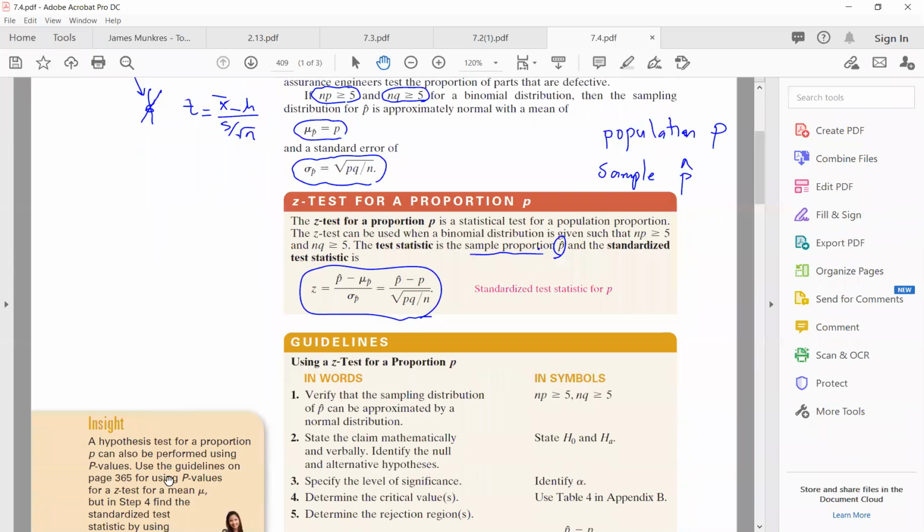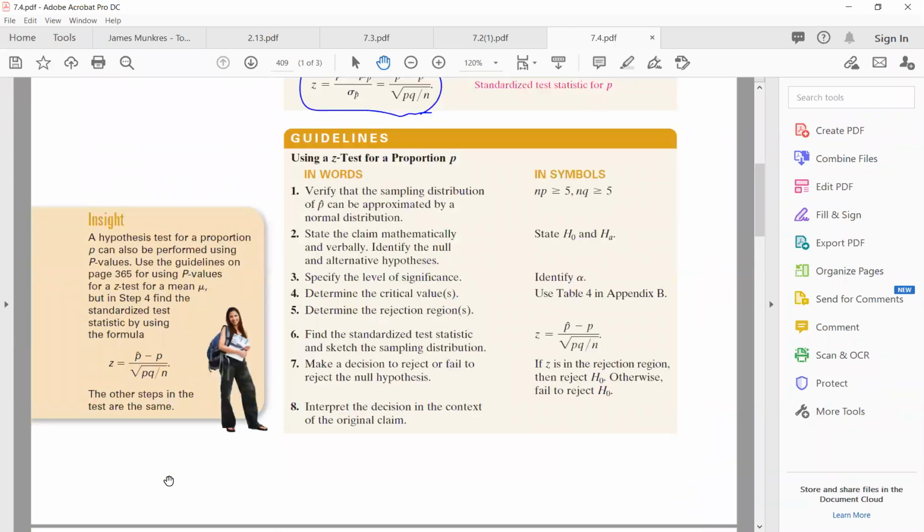Let's go over the guidelines together. When it comes to proportion, we're going to use a z-test, not a t-test. First of all, verify that the sampling distribution of p hat is a normal distribution, so np is greater than or equal to 5 and nq is greater than or equal to 5. State the claim. It means that you need to find the null and alternative hypothesis, identify your level of significance, then use the z-table to find the critical value or critical values.